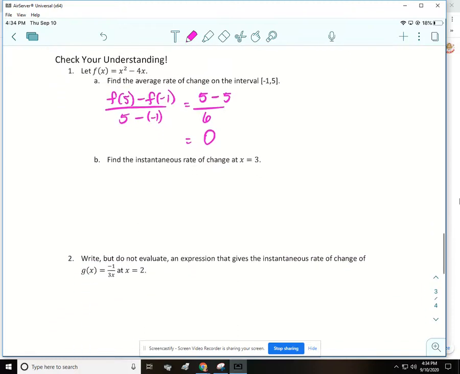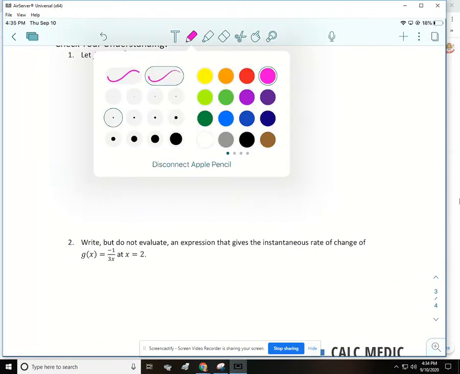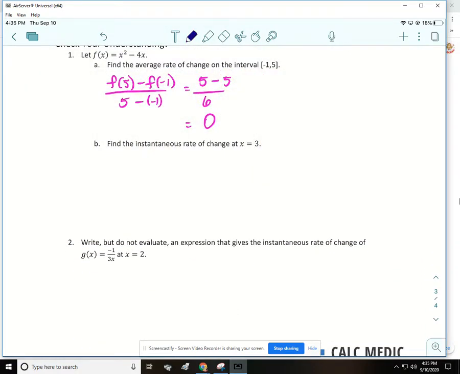So let's find the limit as h approaches 0 of f of x plus h. Oh, it's not x. Sorry. We have a value for x, which is 3. So f of 3 plus h minus f of 3 over h.